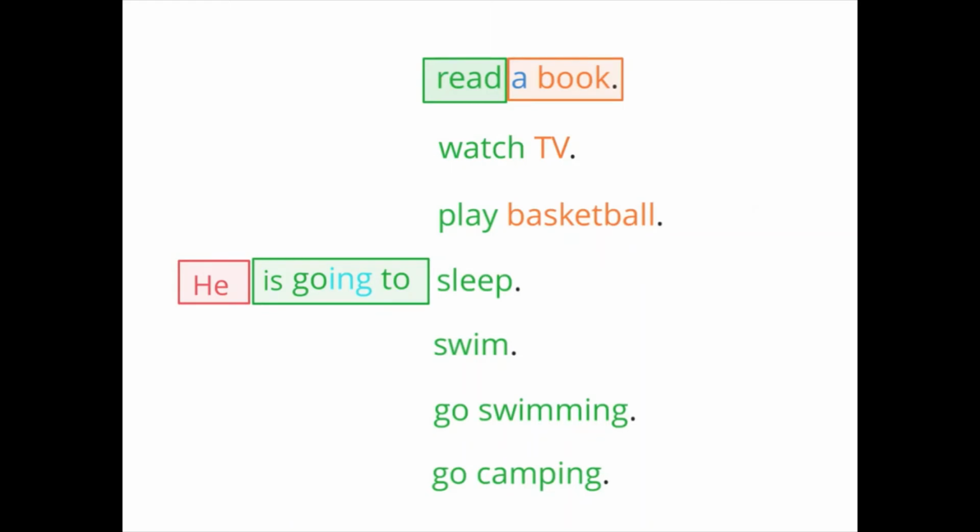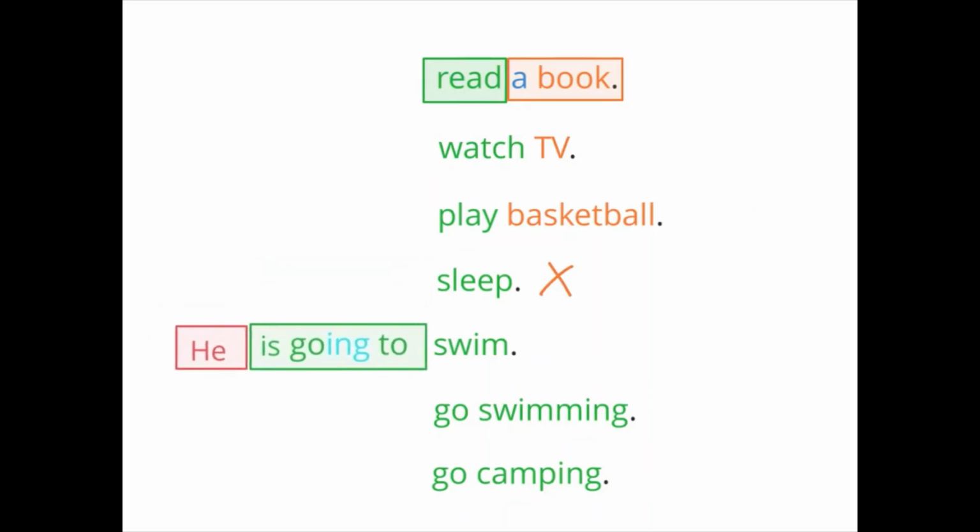But we could just say he is going to sleep, and then we do not have an object at the end of that. With the verb swim, we do not need an object. We could just say he is going to swim. It would not make sense to say he is going to swim pool, because our question is not what, it is where.